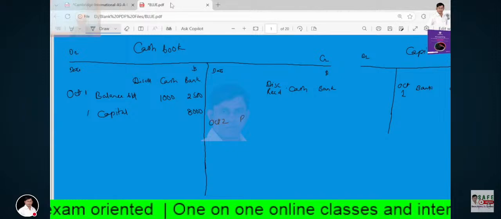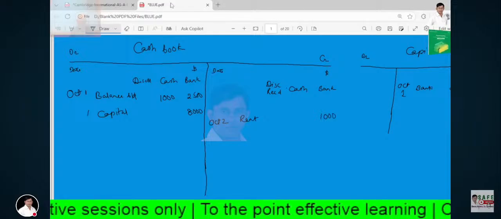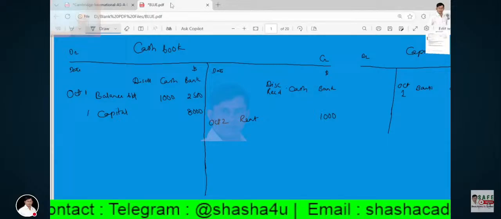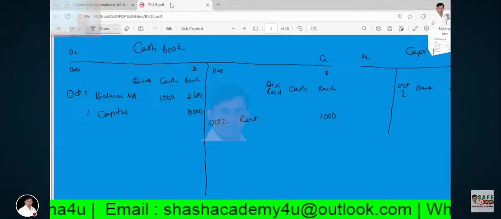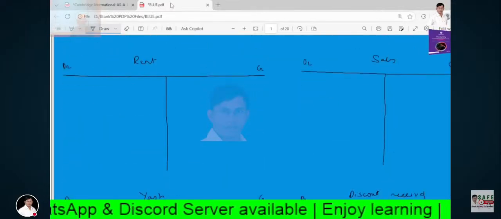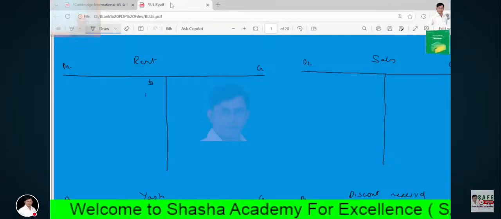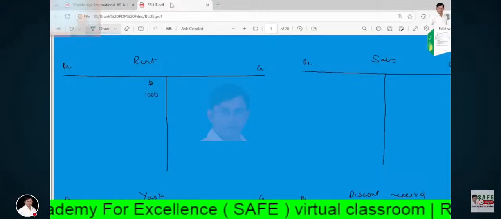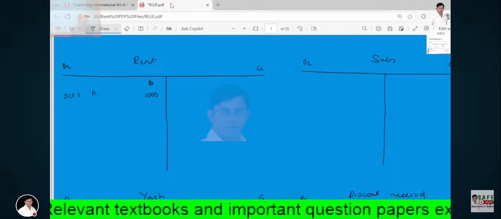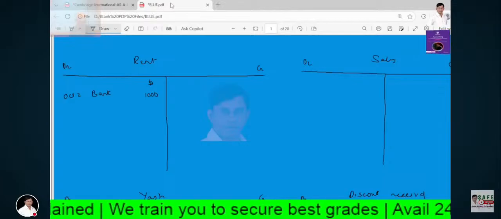Rent $1,000. Money has gone out from bank. So rent account: we have to record on the opposite side in the rent account, $1,000, October 2nd. Through bank we have paid. Rent account is an expense, a nominal account, always debited.